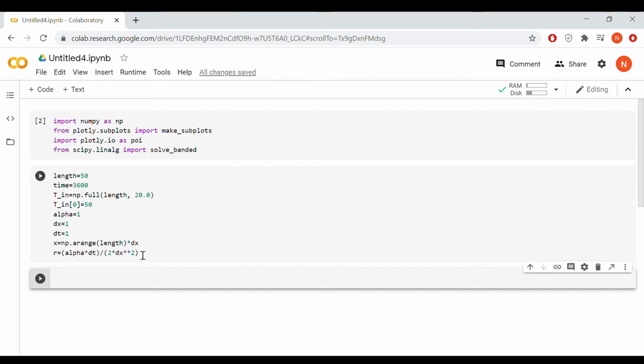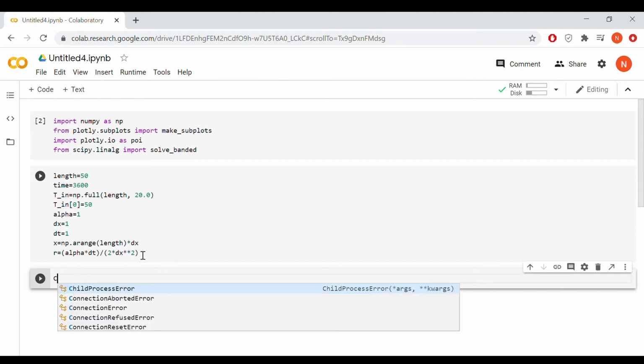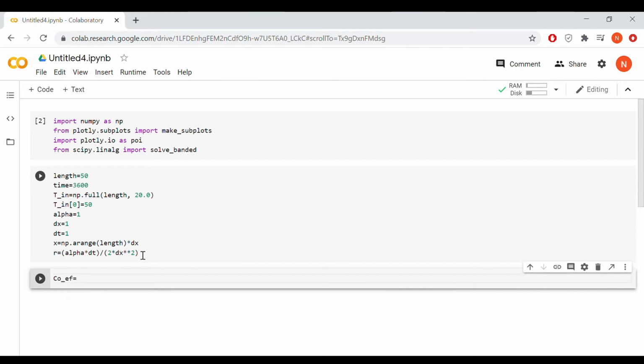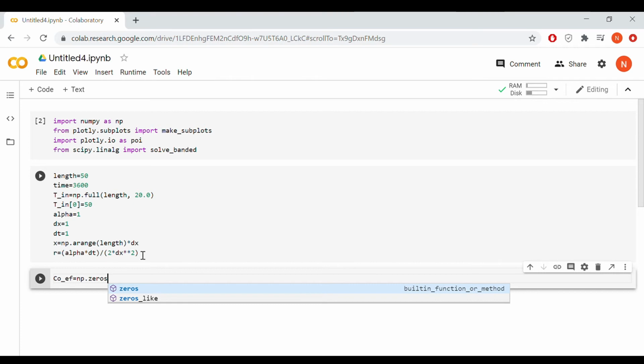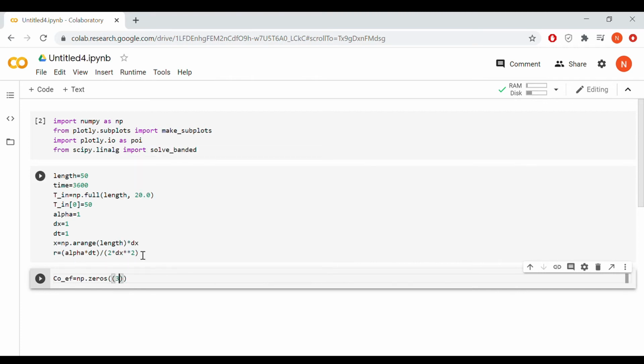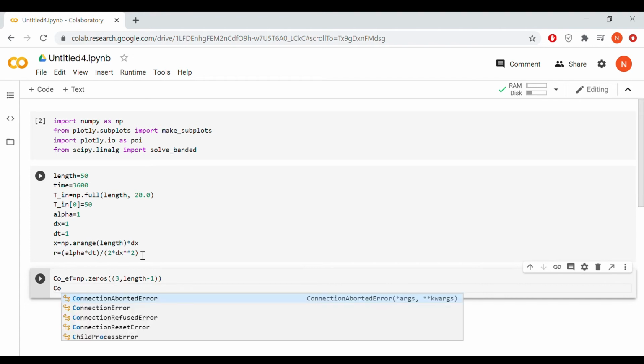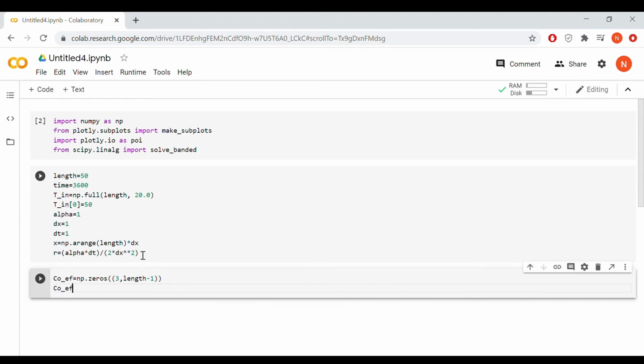Okay, so now we're going to start setting up our matrices. Our first matrix we'll set as coefficients. It'll be np.zeros, length minus 1, and then coefficients, colon, equals negative r.